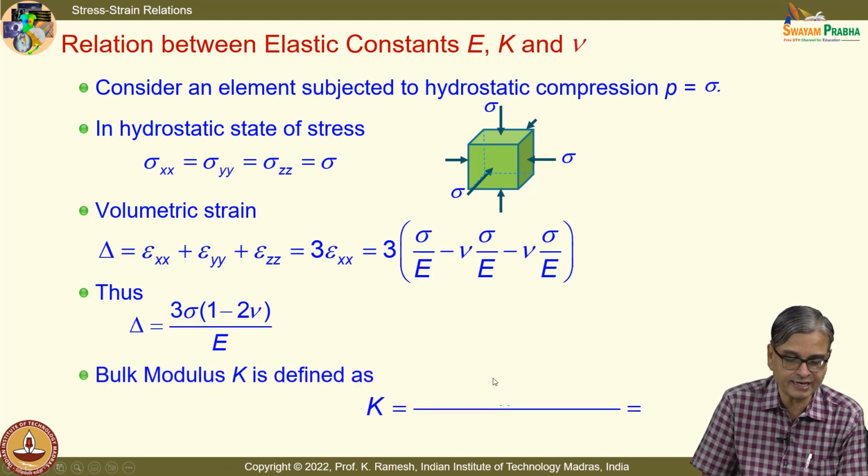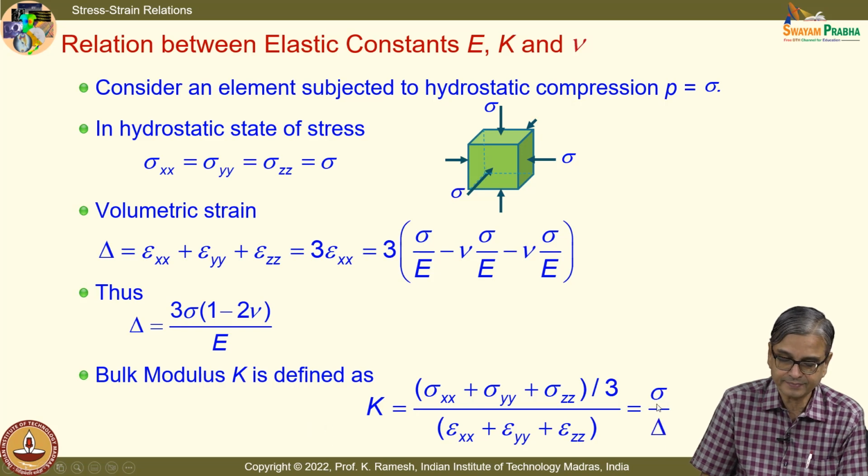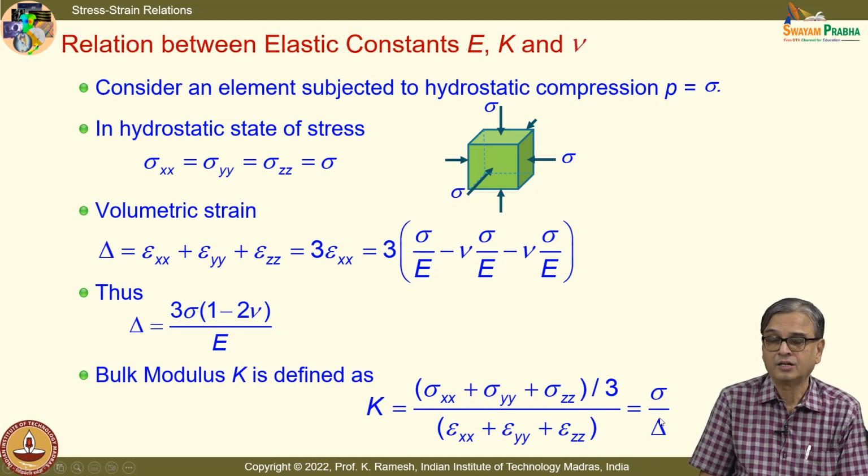It is defined as the ratio of sigma x plus sigma y plus sigma z divided by 3, divided by epsilon x plus epsilon y plus epsilon z, that is nothing but sigma by delta. So, this is the definition of the bulk modulus.